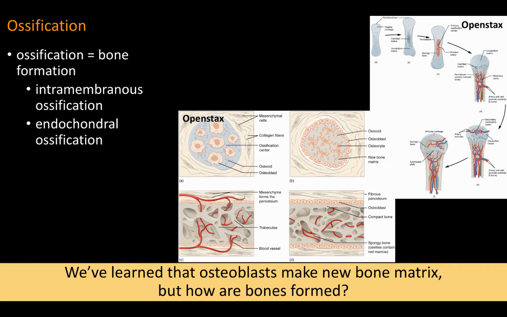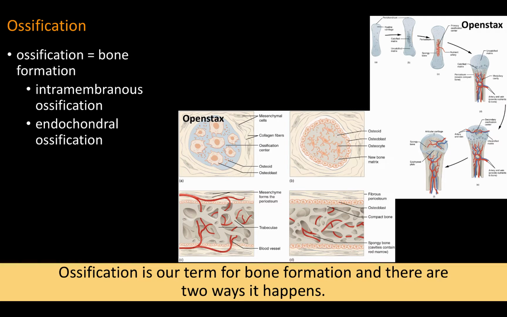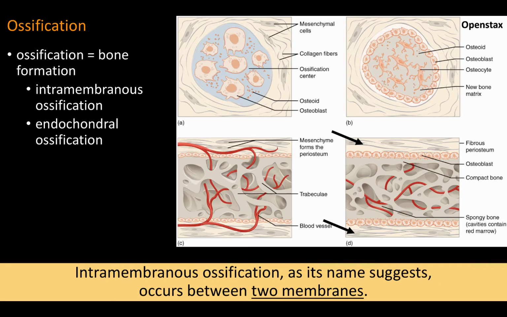We've learned that osteoblasts make new bone matrix, but how are bones formed? Ossification is our term for bone formation, and there are 2 ways it happens. Intramembranous ossification, as its name suggests, occurs between 2 membranes.